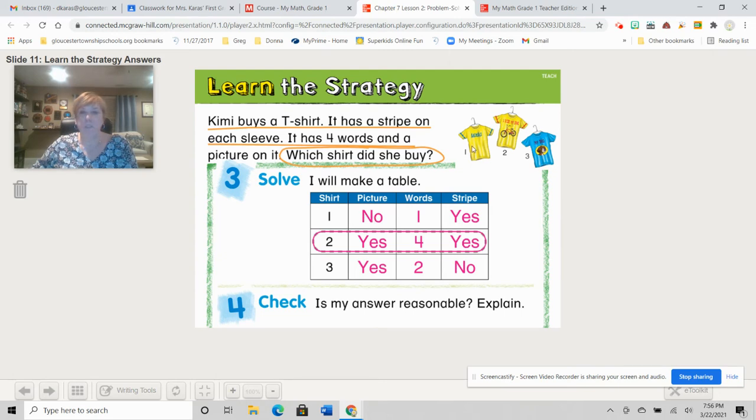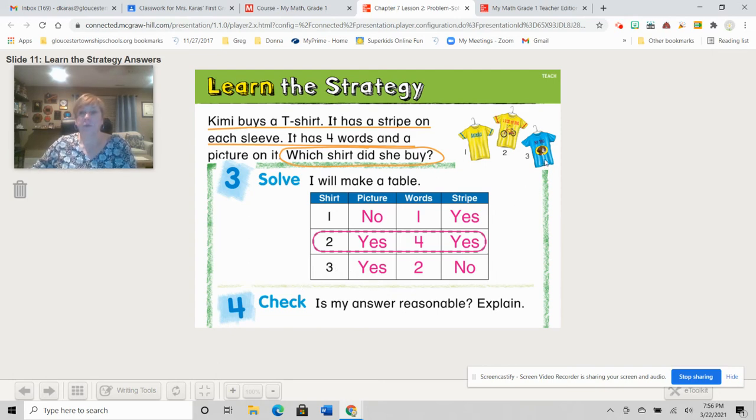No. Does it have any words? Only 1. And does it have stripe? Yes. Number 2, does it have a picture? Yes. Does it have words? Yes, it does. In fact, it has 4. And does it have stripes? Right there on each sleeve. Remember, they want a stripe on each sleeve.